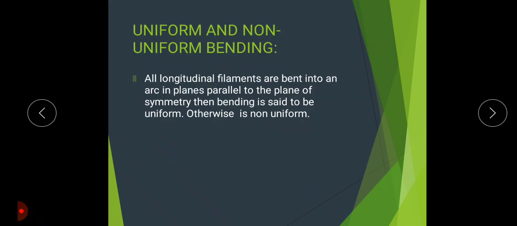The next topic, uniform and non-uniform bending. In uniform bending, every element of the beam is bent with the same radius of curvature. The beam is loaded uniformly on both ends. The bent beam forms an arc of a circle.